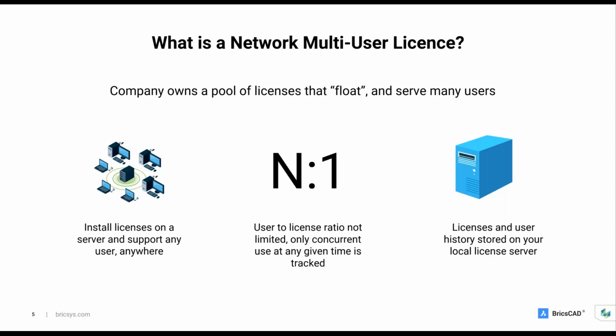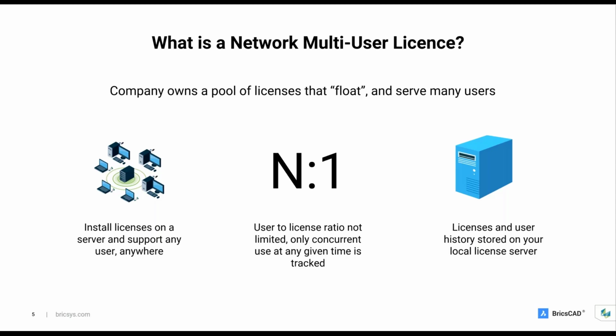And the only thing that matters is that only the maximum number of users can be in at any one time. That's controlled by a license server. It's installed somewhere inside your own firewall, resides on the company's own machinery, and the storage, usage information, all that is stored there locally at that license server. So it's a simple way to control your license usage and control your licensing cost.